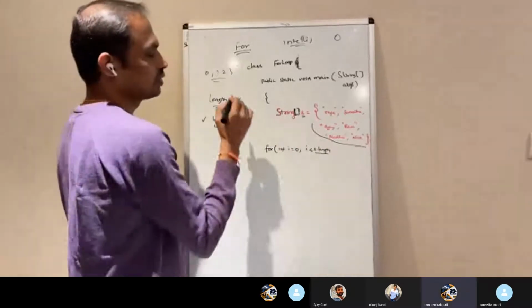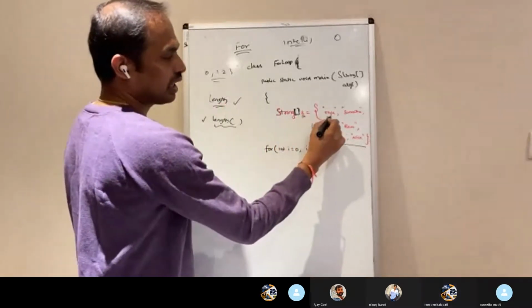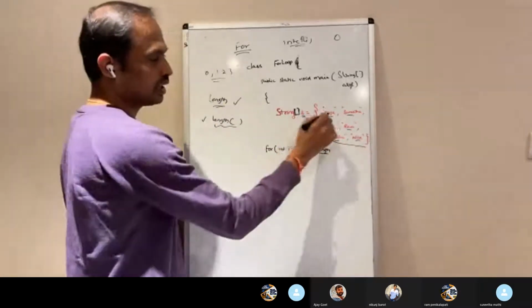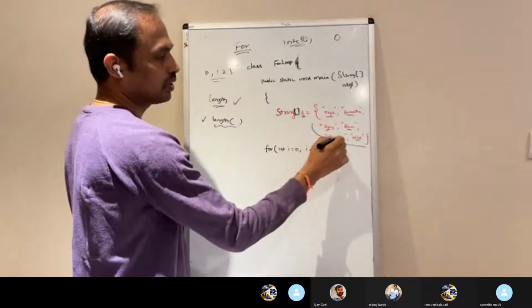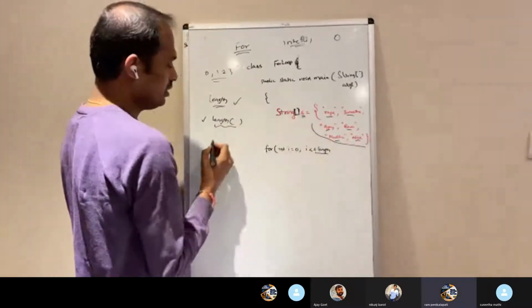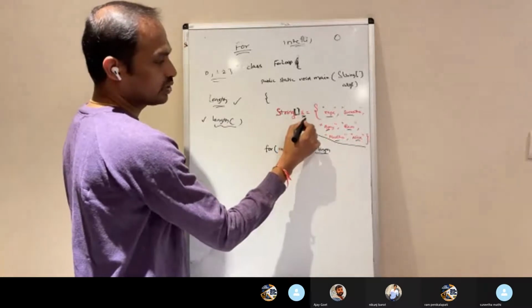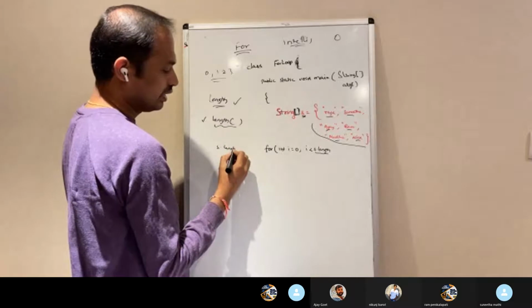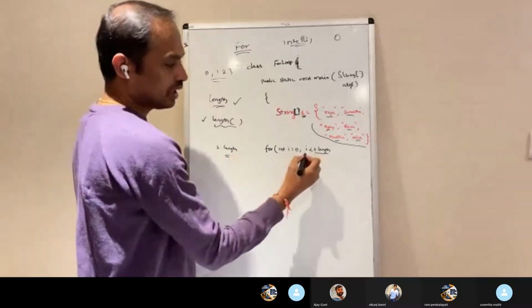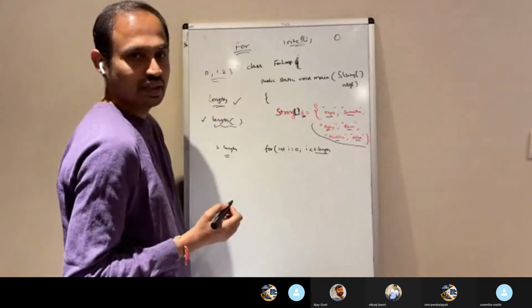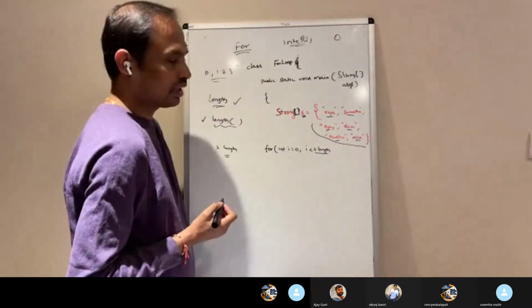So now I'm trying to print Raja, Sunita, Ajay, Ram, Madhu, and Nikunj. Because we have stored the array in s, s dot length will give the length of the array. So i less than s dot length. Why less than? Why not less than or equal to?